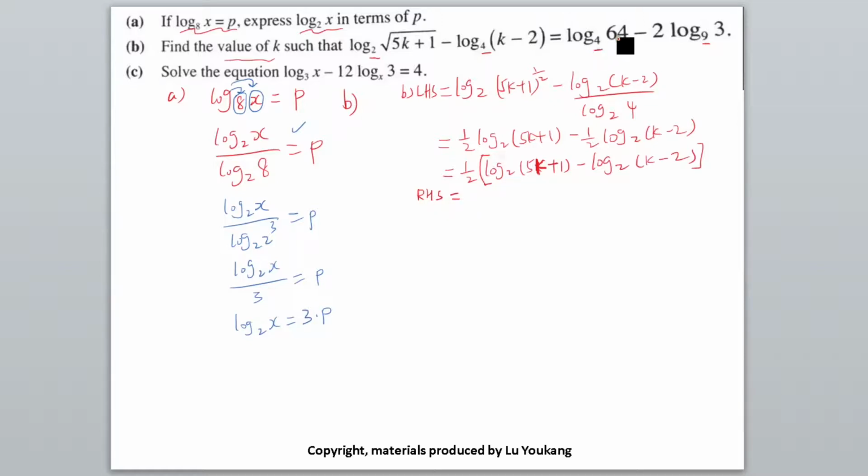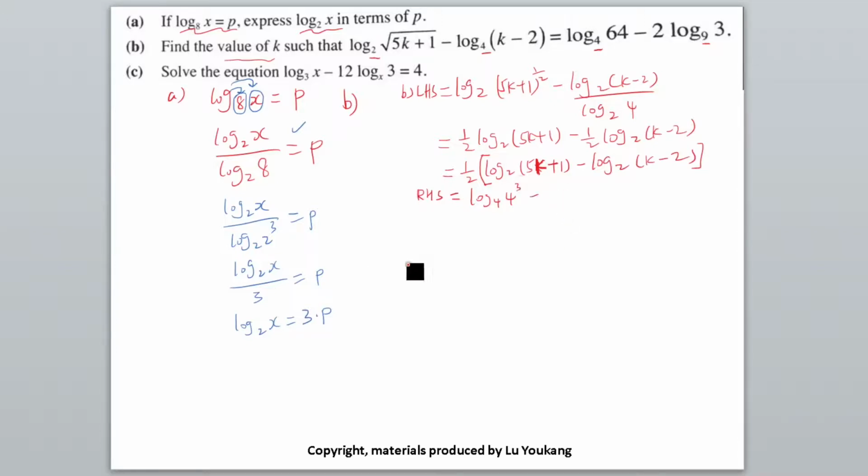And now, let me continue to do my right hand side, which is denoted by RHS. So log base 4 of 64, I get log base 4 of 4 to the power 3, minus 2 log base 9 of 3. So 2 log base 9 of 3, I can bring this 2 back to be the power of 3, right?